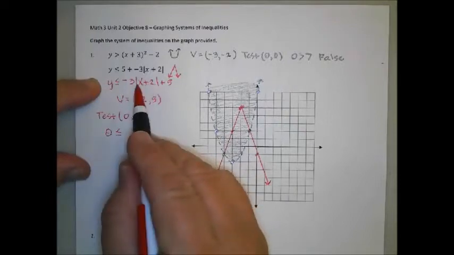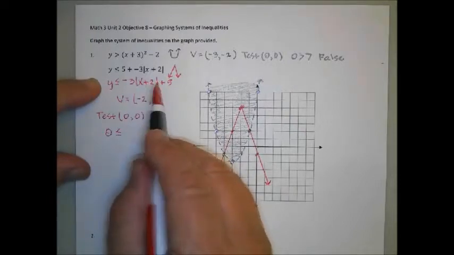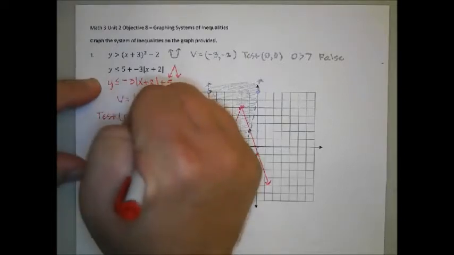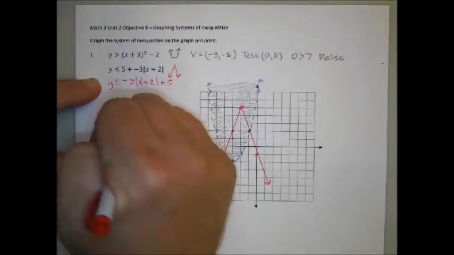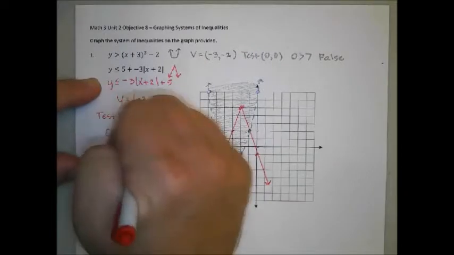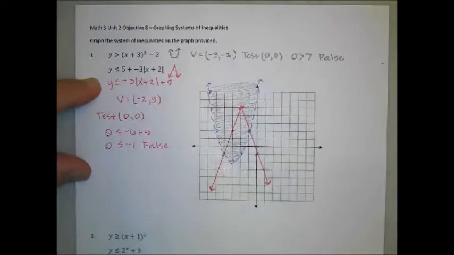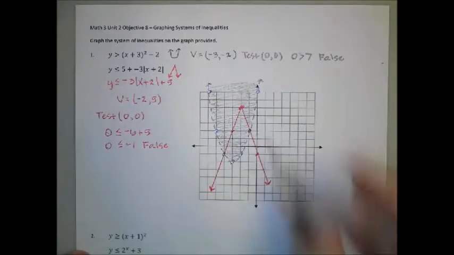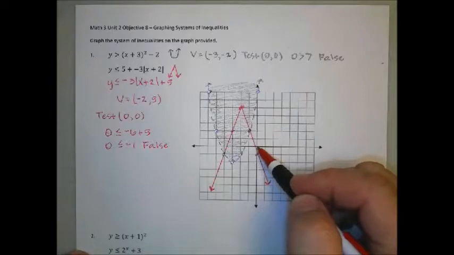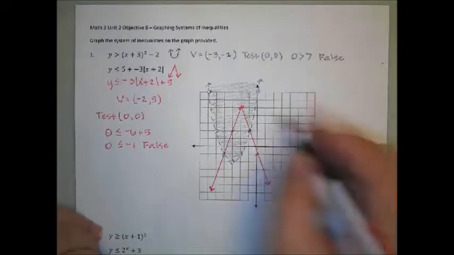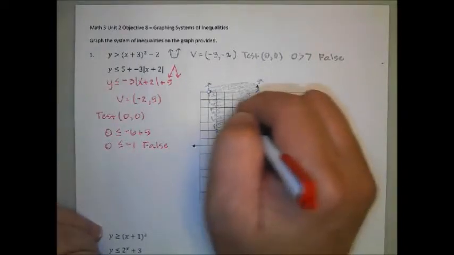The absolute value of 2 is 2 times -3 is -6 plus 5. 0 is less than or equal to -1, which is also a false statement. So again, I got a false statement when I tested (0, 0), which means I shade the area that does not have (0, 0) in it. So in this case, it would be the inside of the V.